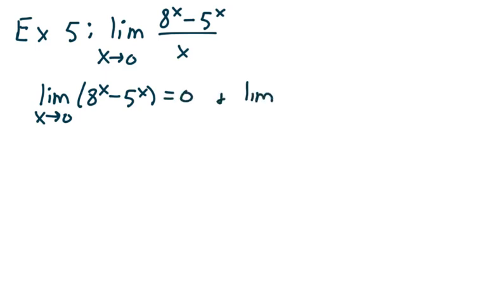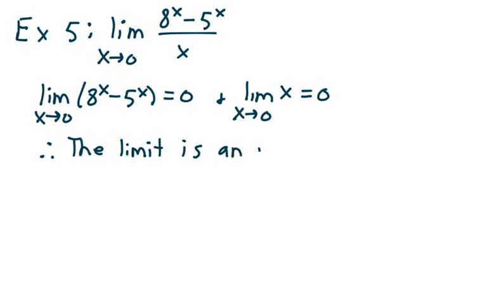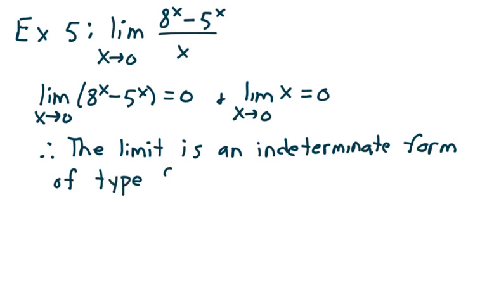And the limit as x goes to 0 of x is equal to 0. So, therefore, I'm going to say the limit is an indeterminate form of type 0 over 0.